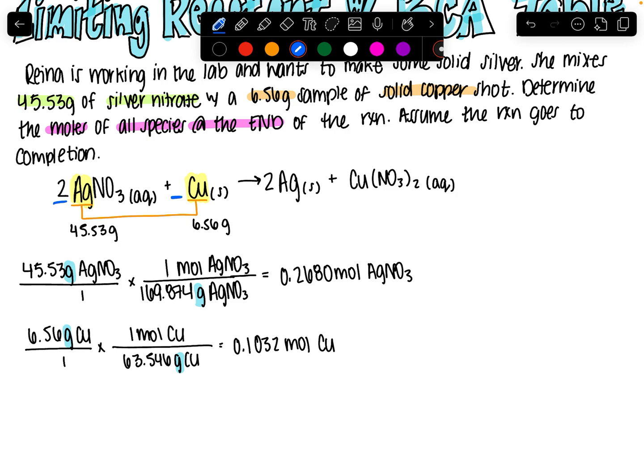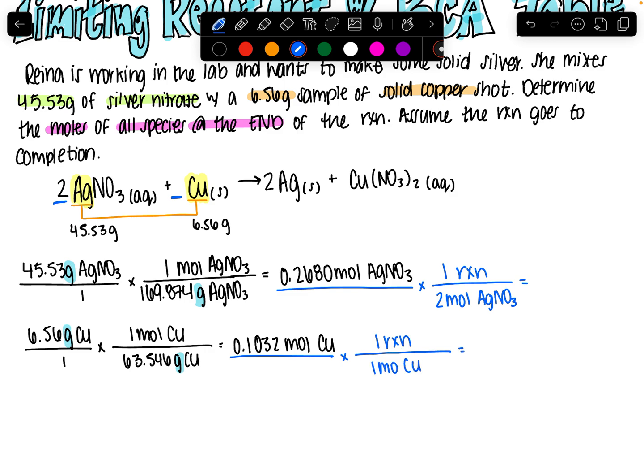So for silver nitrate, I have this many moles to start with, but every time I run this reaction, I use 2 moles of silver nitrate per every 1 reaction. For copper, my balanced chemical equation tells me I only use 1 mole. So every 1 reaction, I'm going to use 1 mole of copper.